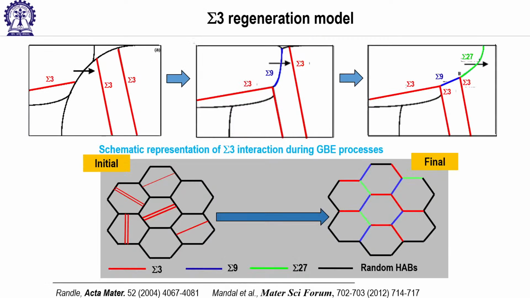So this is the typical mechanism proposed by Randle long back. They said that sigma 3 interacts with sigma 3 and forms sigma 9. You can see that this is one grain and this is another grain, right; sigma 3 of one grain interacts with sigma 3 of another grain and produces sigma 9, and then again they interact and produce sigma 27 boundaries.